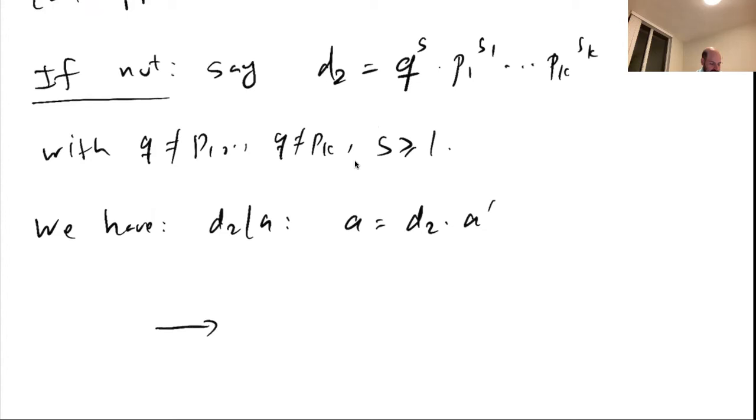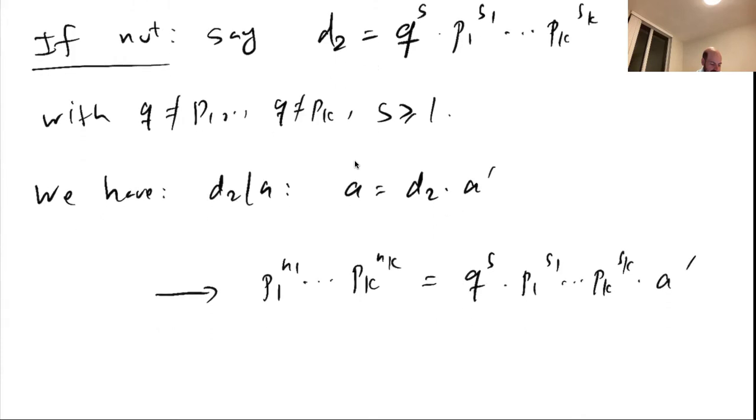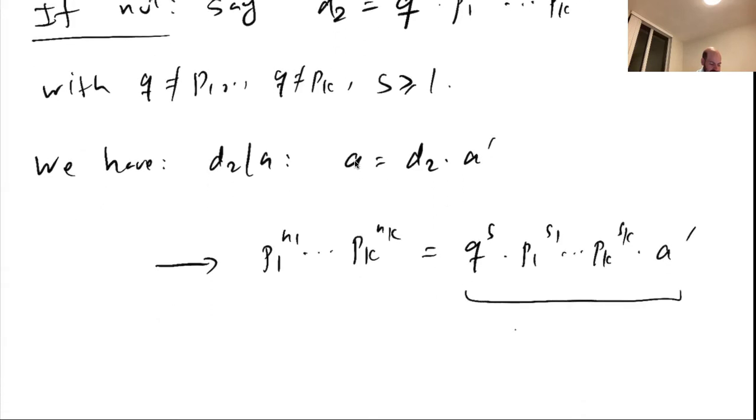So what was A? P1 to power N1 times Pk to power Nk. If you look at the original notation we used for A, this was it. And then D2 is Q to power S, P1 to power S1, Pk to power Sk times some number A prime. Now this right-hand side, Q divides this number.